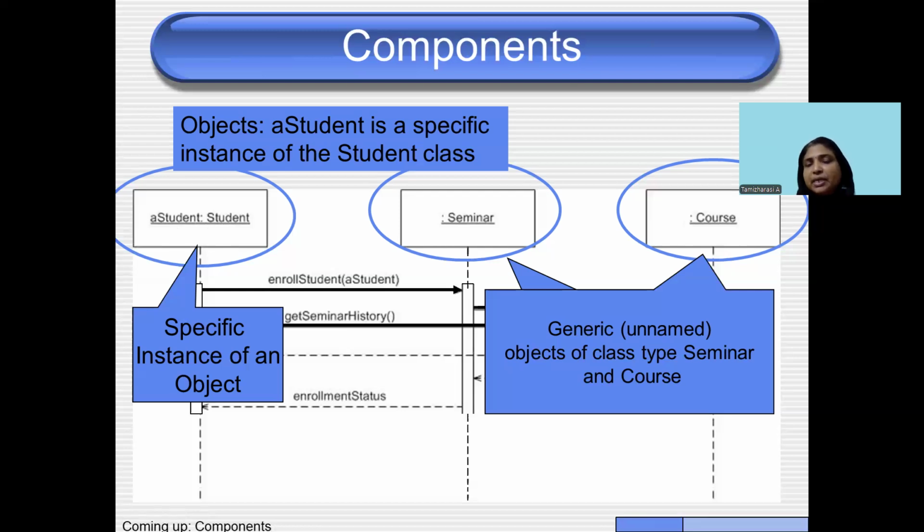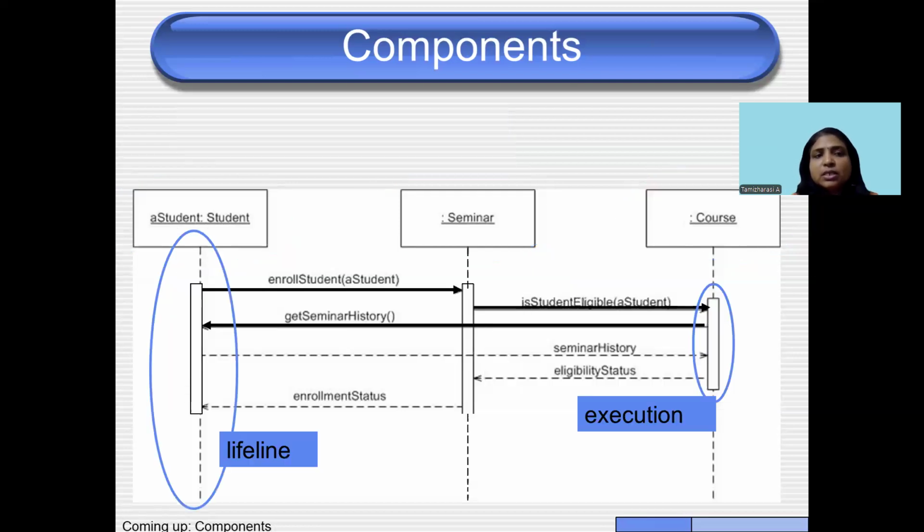Also, when you are representing the interactions, it should be in time increasing order. This rectangular box we call the lifeline. Here is the lifeline for that particular set of instructions. First, the student is enrolling.